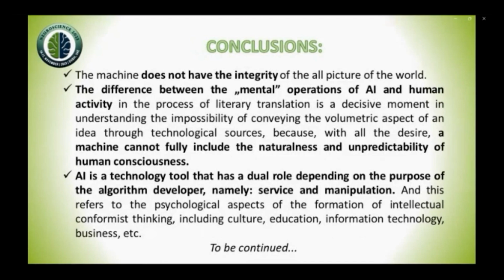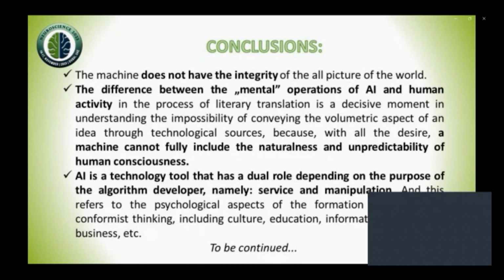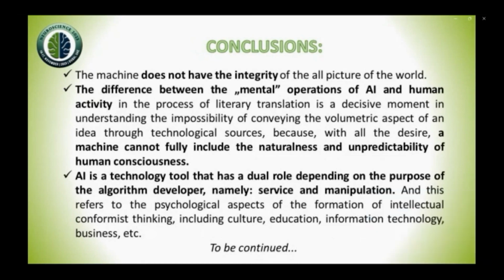The difference between the mental operation of artificial intelligence and human activity in the process of literal translation is a decisive moment in understanding the impossibility of conveying the volumetric aspect of an idea through technological sources, because with all the desire, a machine cannot fully include the naturalness and unpredictability of human consciousness.